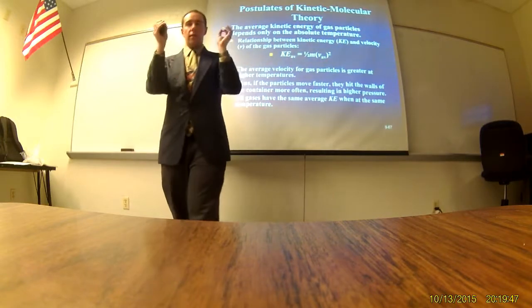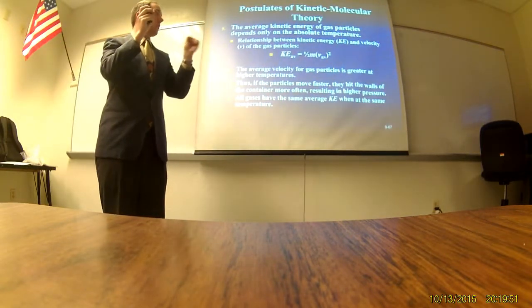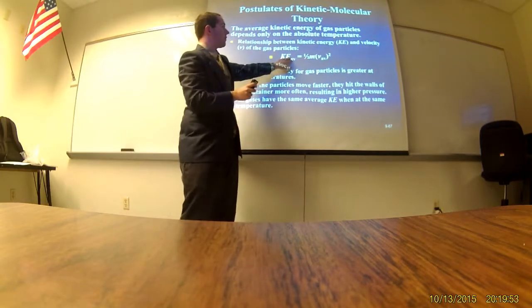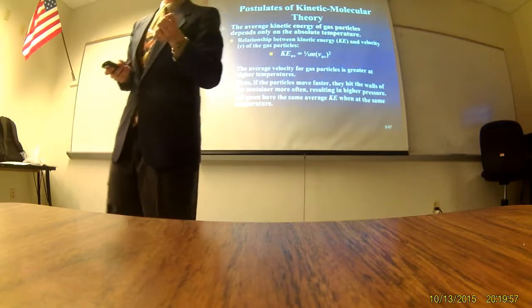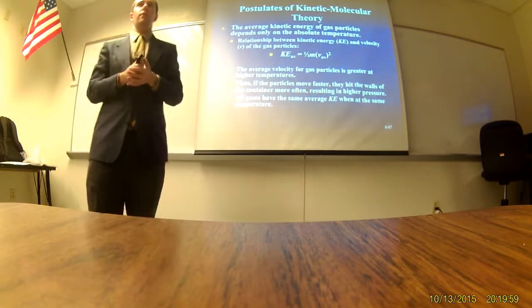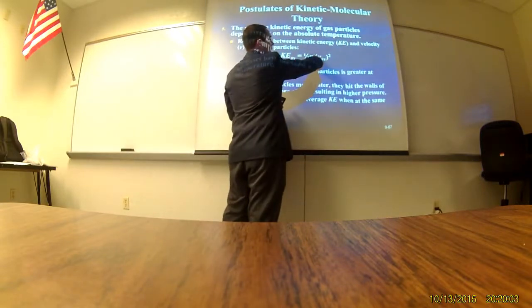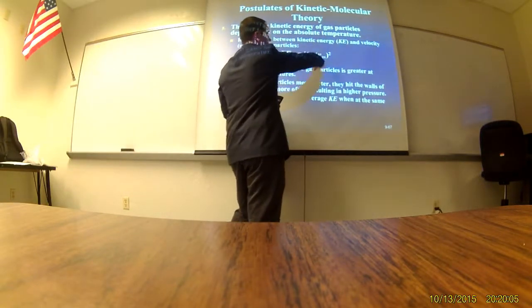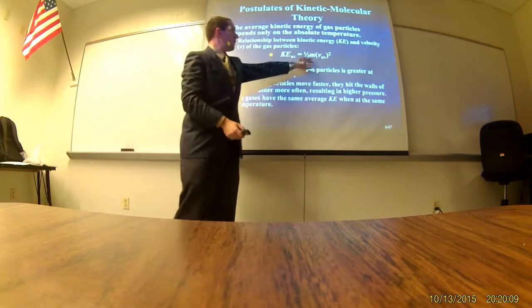So if you have two molecules and they're the same temperature, so they have the same kinetic energy, which one is going to be moving faster? The heavy molecule or the light molecule? The lighter one. Mass and velocity are going to go in opposite directions. The lighter one has to move faster to make up for the lack of mass.